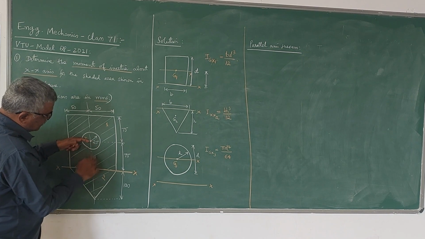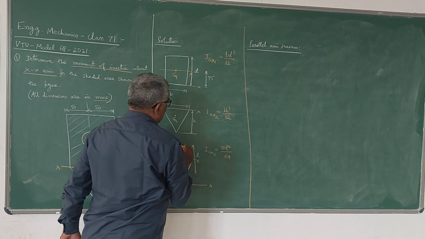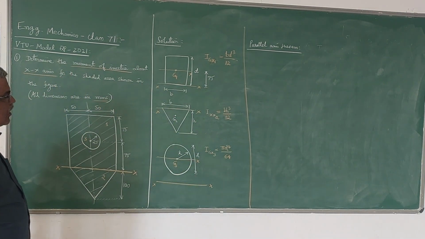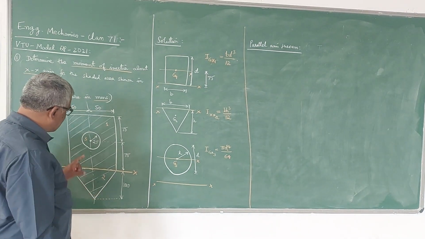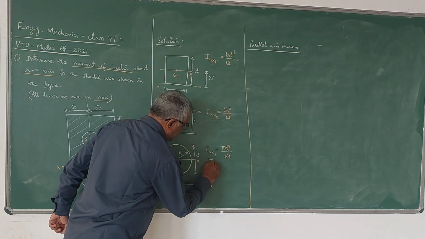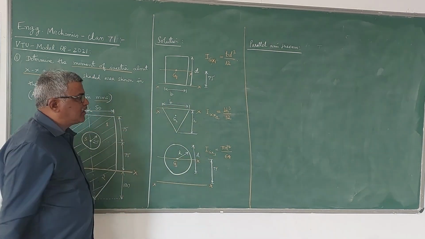But for the triangle, the x-axis coincides with the base, so the distance is 0. Whereas for the circle, the x-axis is once again at a distance of 75 from the center. So let us write down these values now.